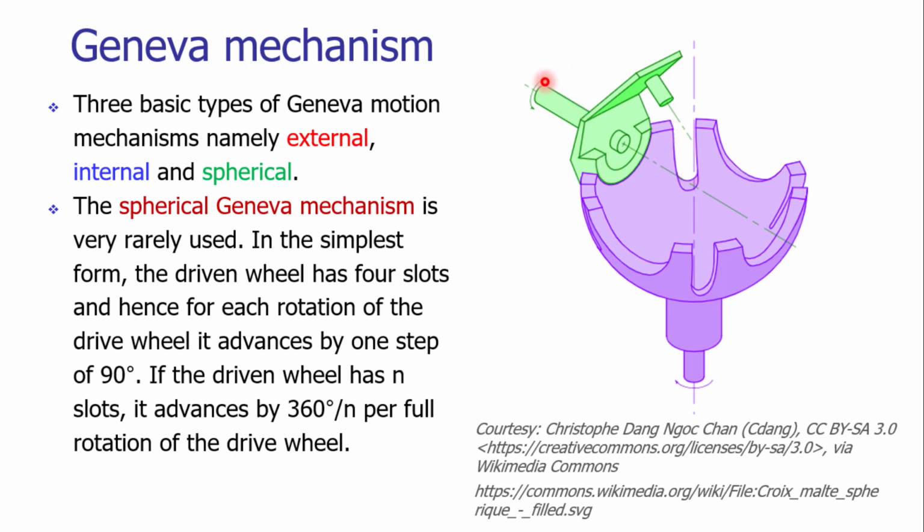So we give continuous rotary motion to the driving wheel, and that continuous rotary motion is transmitted into the intermittent rotary motion of the Geneva mechanism. Here we can attach the indexing table, or we can have a raised portion on which we can attach the indexing table, and we can get the required indexing done.